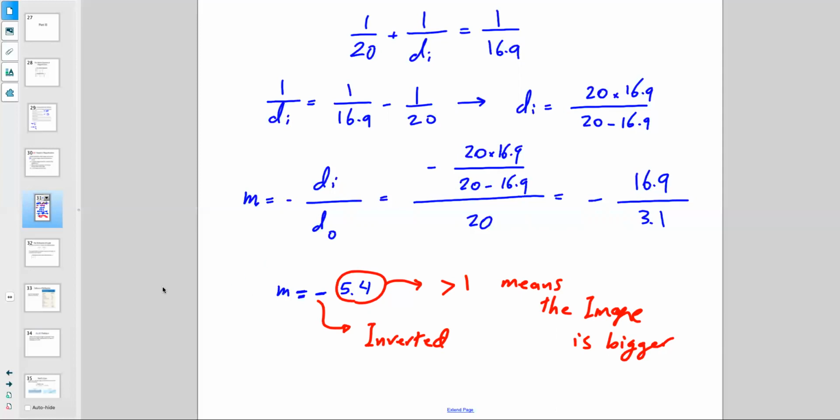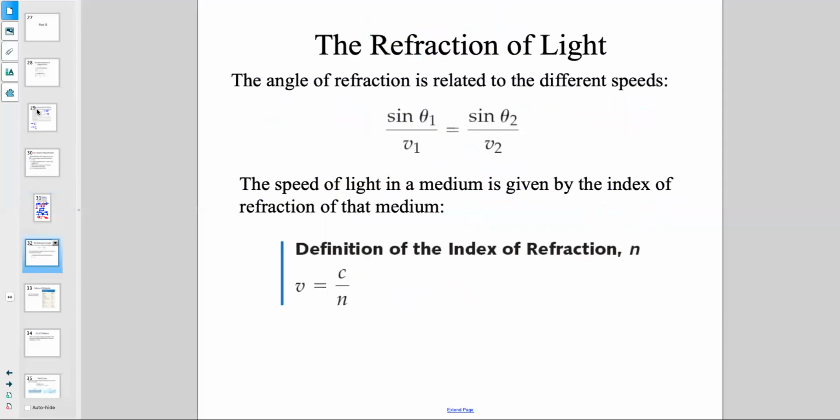All right. So the refraction of light is another part of chapter 26. The angle of refraction is related to the different speeds. So we know that the light can get refracted. We'll extensively talk about this in the next part, but it is related to the speed.